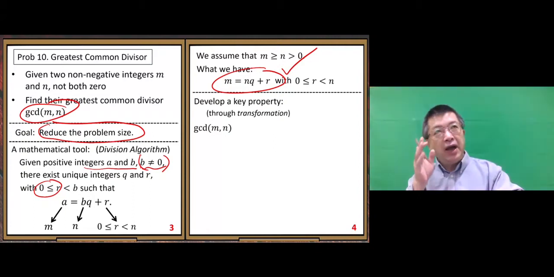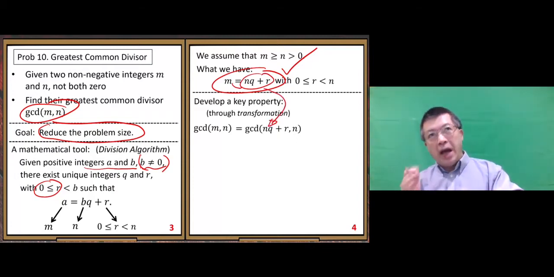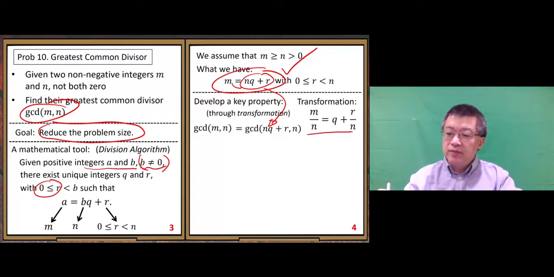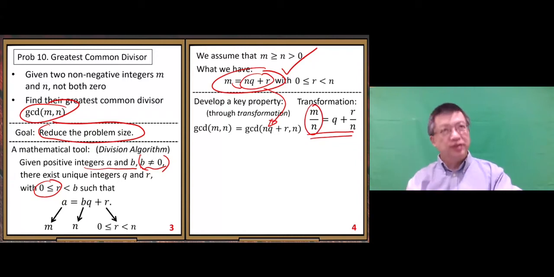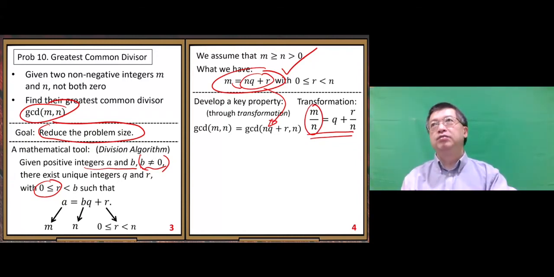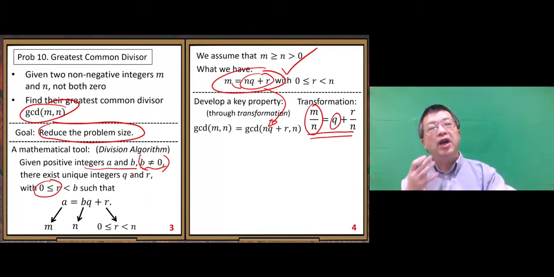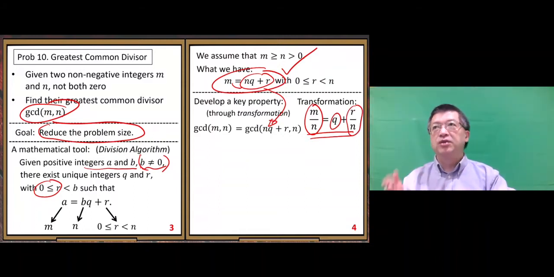GCD of m and n equals, we replace m by this expression. Now let's apply the transformation formula here. Fraction corresponds to division, right? When I write that, I have the quotient, which will be the integer part of the answer. Then we also have a fractional part, which corresponds to the remainder part.